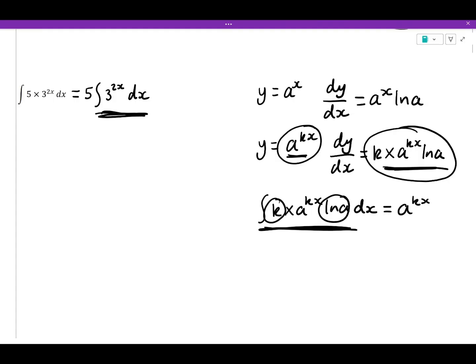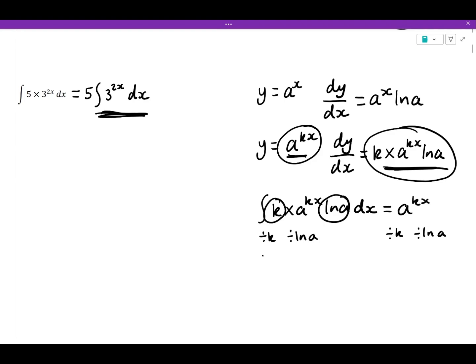Well, k is a constant, and ln a is a constant. So we can divide by both of them, and divide our answer by both of them as well, and it's still a valid statement. So I'm going to divide by k and divide by ln a on both sides.